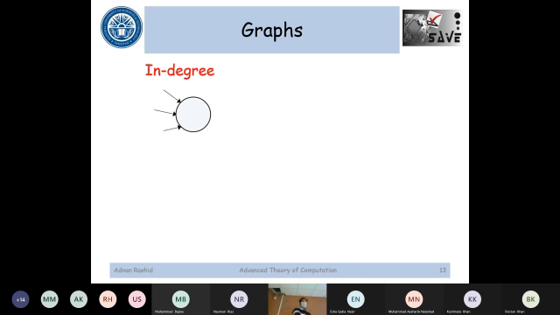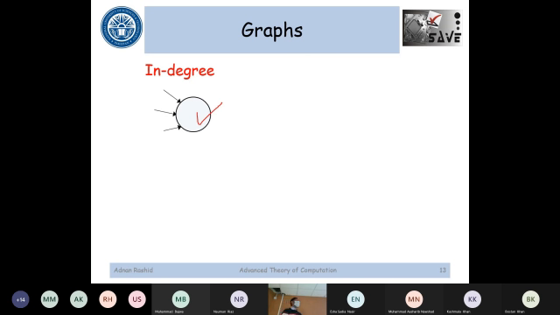For the graphs, if you pick a node which looks like this one, you can see some incoming edges on this node. You are connecting different nodes, and then you can have some directed edges as well. Now, if you calculate the number of incoming edges towards a node, that is known as in degree. So if I talk about this example, what is the in degree of this node?